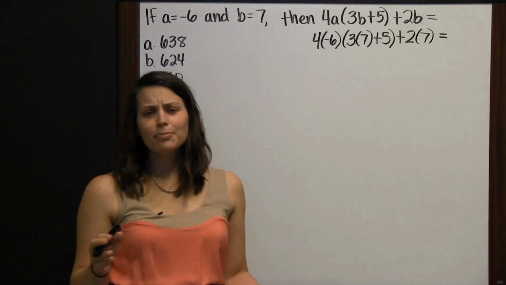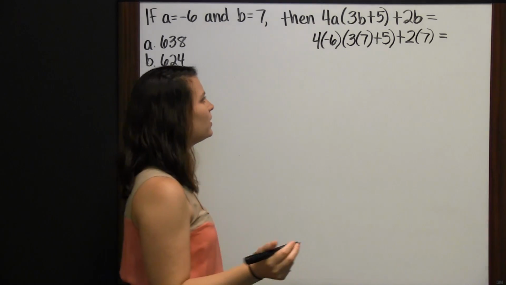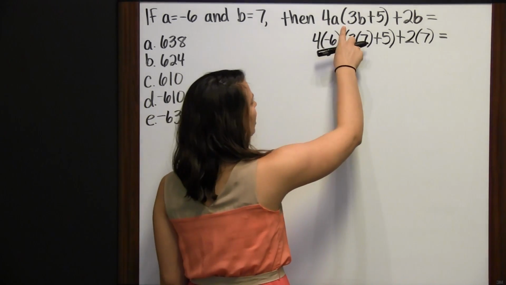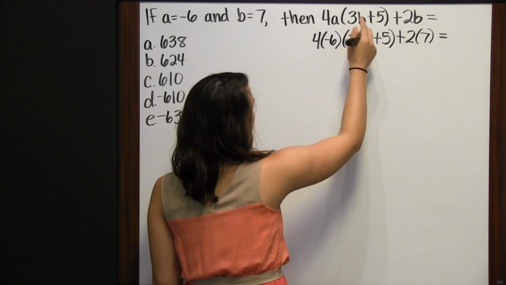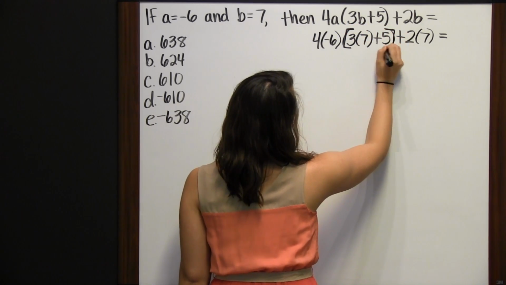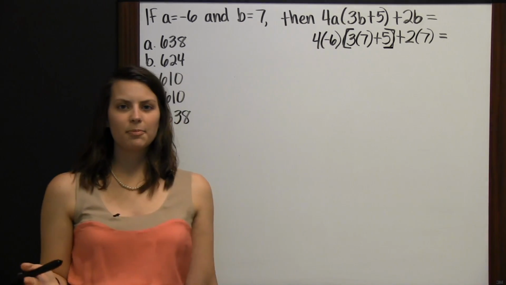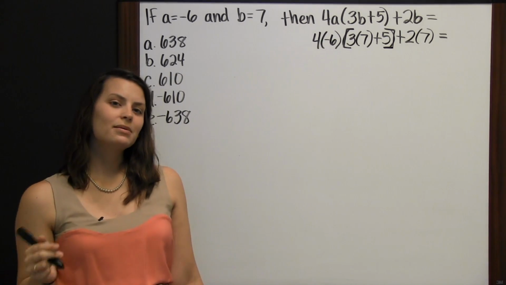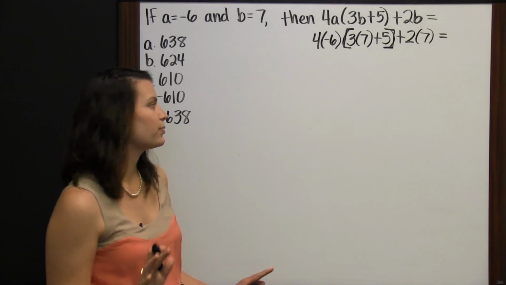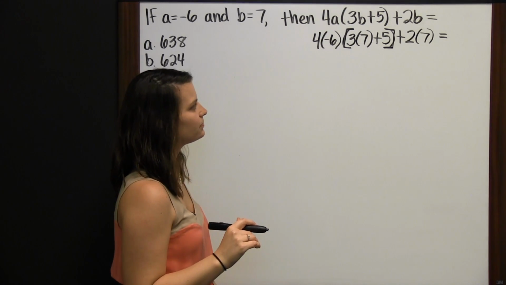Now there are a lot of parentheses here. So what we can do to kind of minimize confusion is we can change these parentheses into brackets. And it still means the same thing. They act exactly like parentheses do. But sometimes it makes it look a little less confusing if you don't have all those parentheses everywhere.